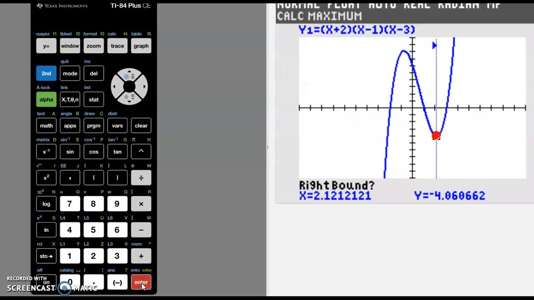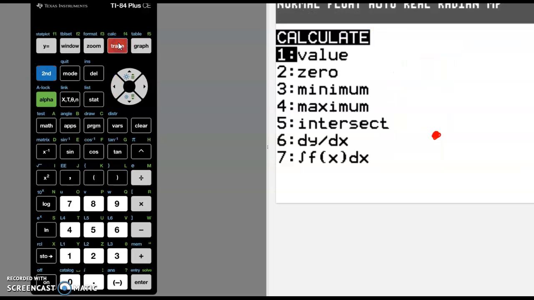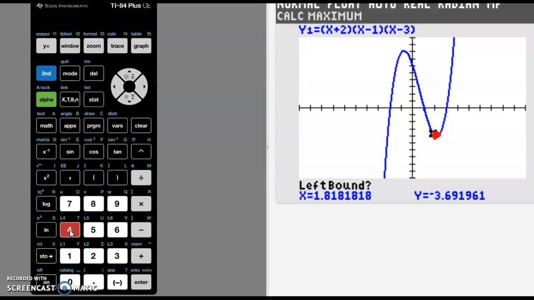Oops, I have to start over again because I hit the wrong button. So I'm going to go 4 for max. So I scroll to the left of where the maximum is and hit enter. Scroll to the right for the right bound and hit enter. And then I hit enter again when it says guess.